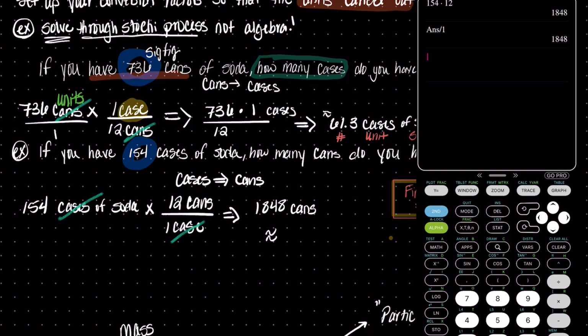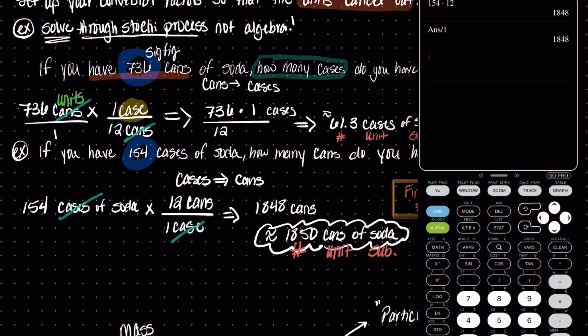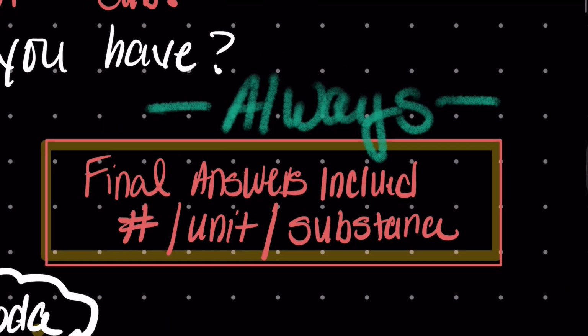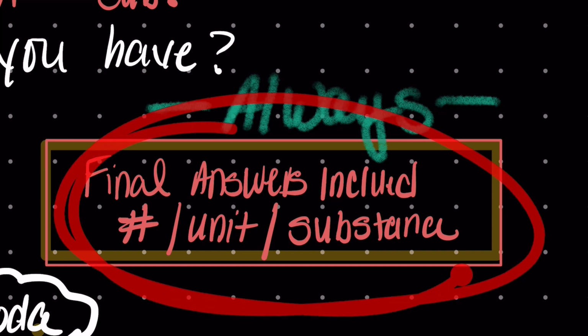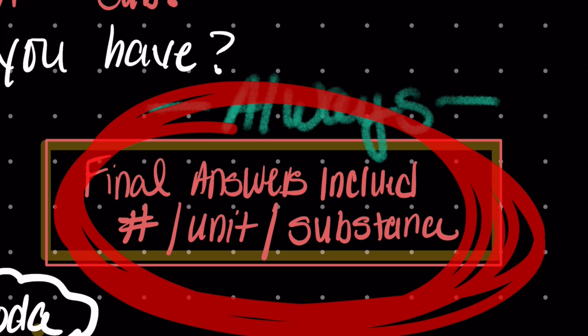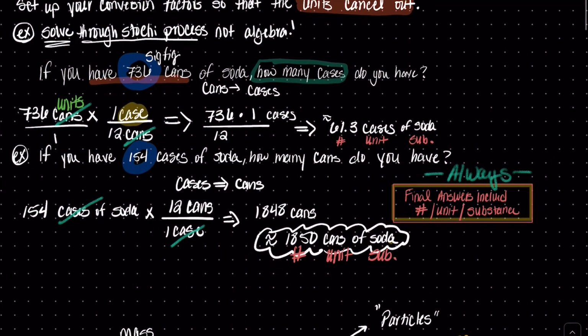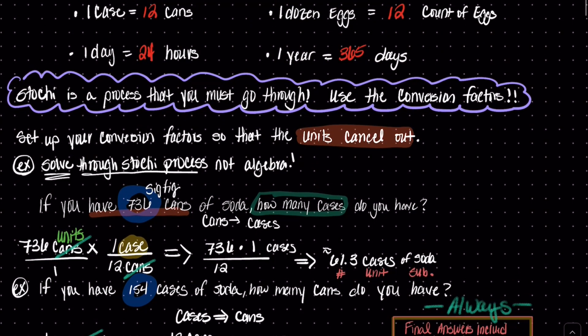So you're looking at approximately 1,850 cans, just to keep things consistent, of soda. And remember, I see number, unit, substance. Always. Final answers include number, unit, substance, always. Don't forget it. Don't get lazy.